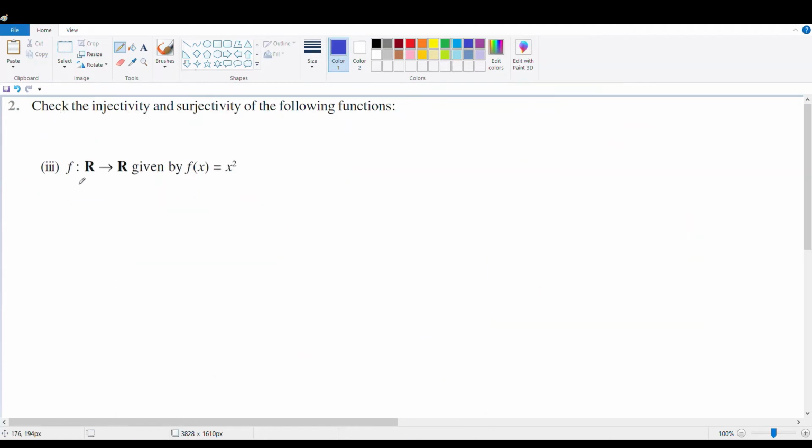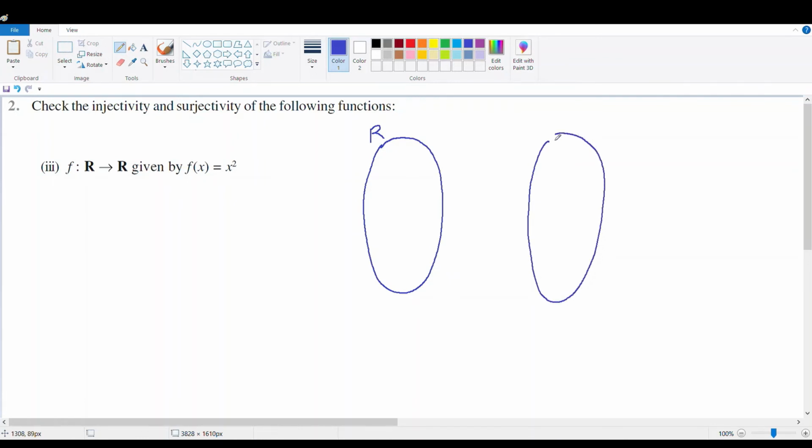Question 2, third part. You are given a function from R to R given by f of x equals x square. So your domain is the real number set and your codomain is also the real number set. That function from domain to codomain is f of x, and that is equal to x square.